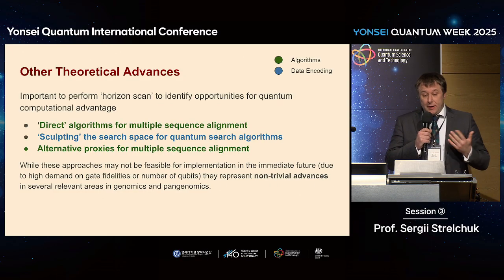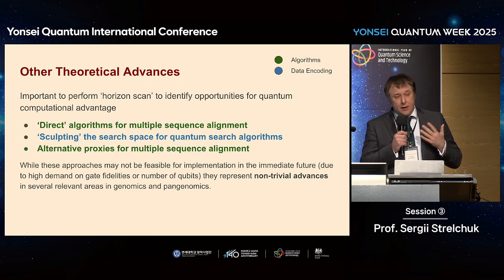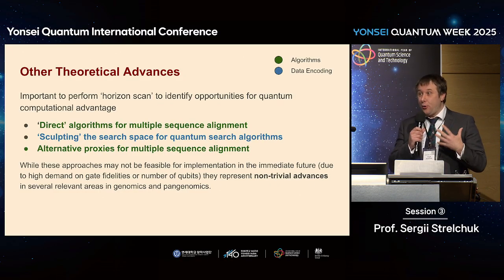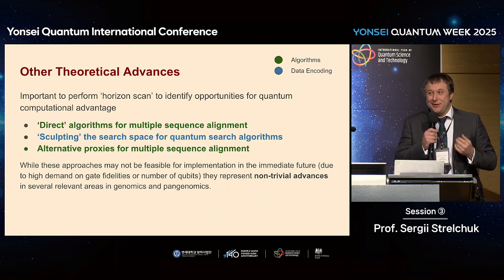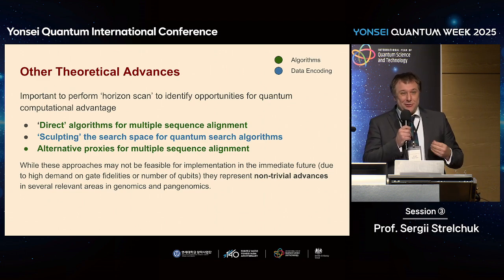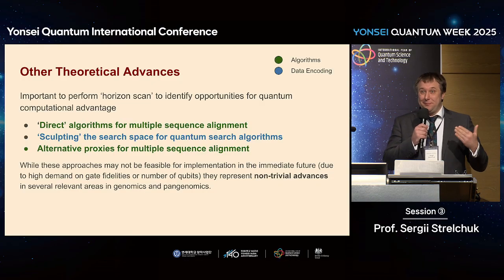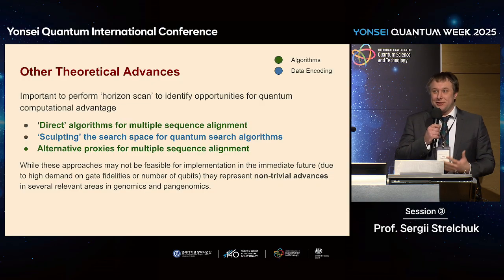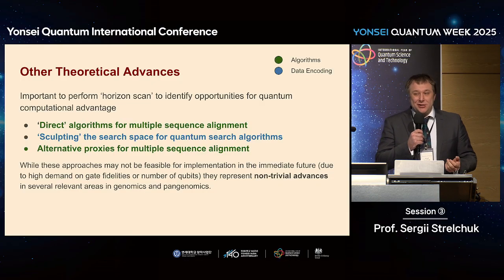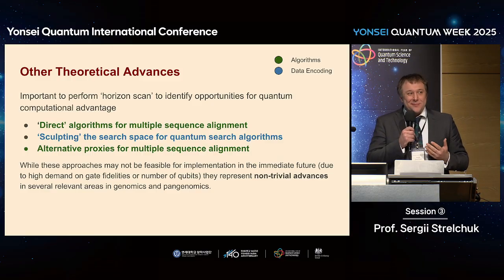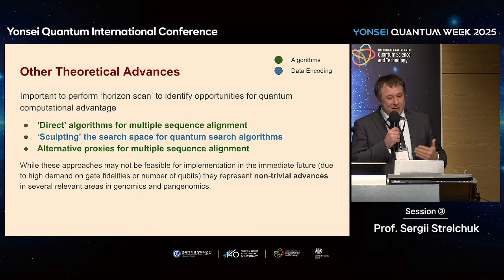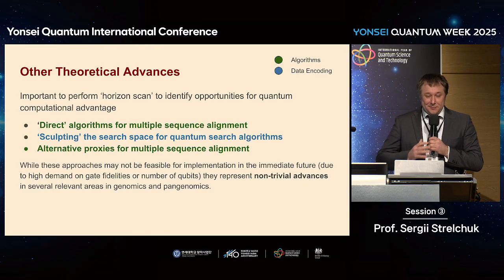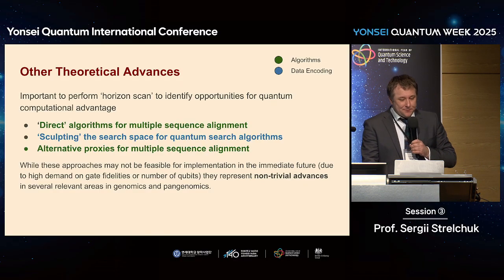So what we found is that if you just apply Grover naively or directly to the problem, you're not going to get a lot of advantage, because Grover does better than classical in an unstructured search space. But very often in genomics, you have a lot of information about your sequences and states, so many other methods, like dynamic programming style methods, work a lot better for pairwise alignment in particular.